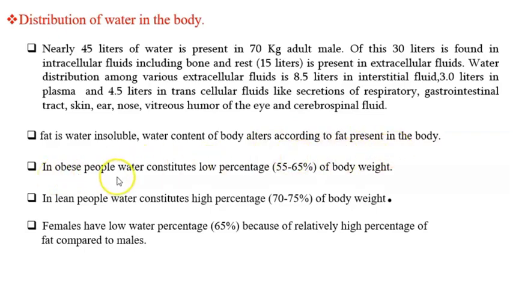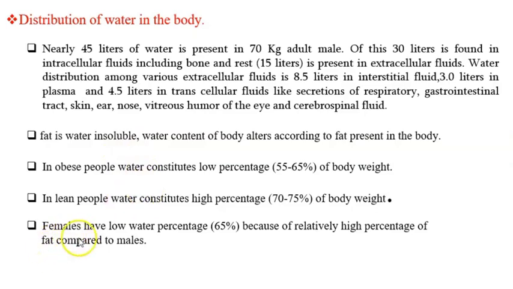For example, in obese people, water content is low in percentage, while in lean people water content is very high, because of the fat deposited in the adipose tissue of the obese person and in the female subcutaneous adipose tissue. Because of that, there is less water in women and obese persons compared to lean persons.